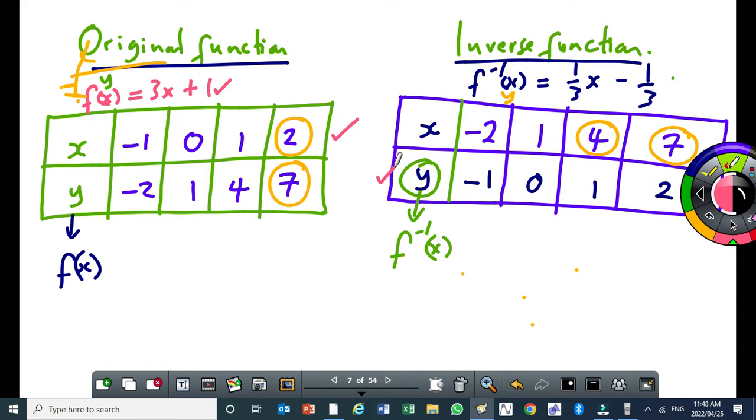So if you substitute these x values into the inverse, you get those y values. For example, if you put x equal to -1 here and solve, you end up getting y is -1. The x values become the y values.